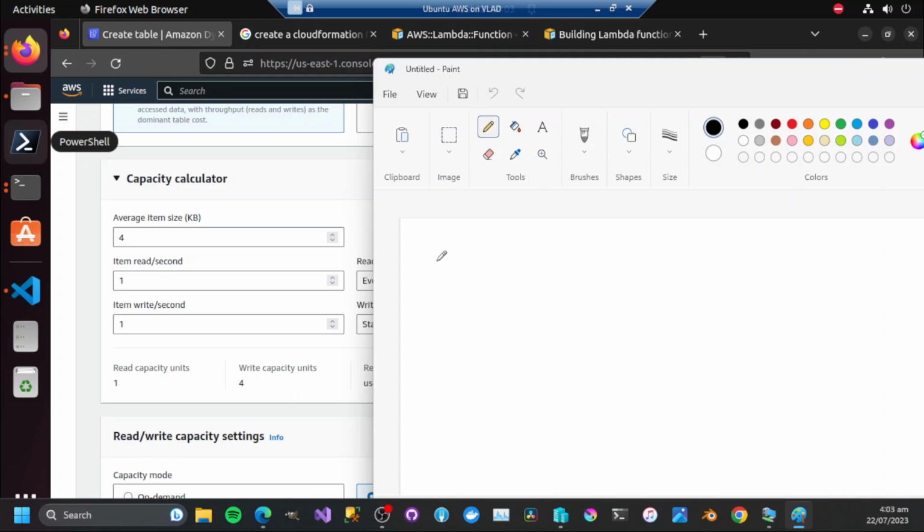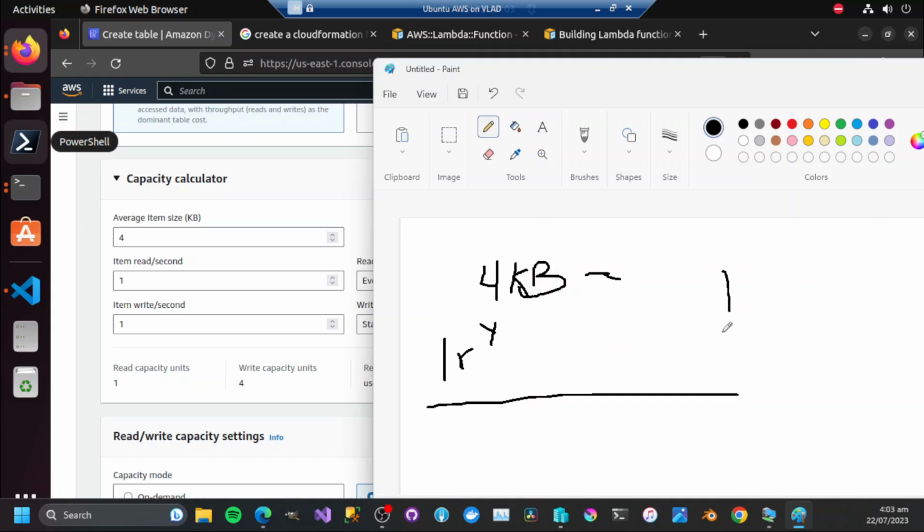Okay, so we have 4 KB each item size, and then one read. Let's just focus on the read first. One read per second. So it's 1 times 4 KB, and then divided by 4 KB is equal to 1 times 1 equals 1.